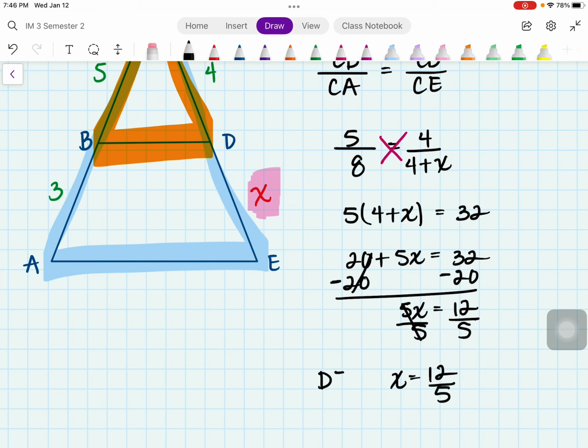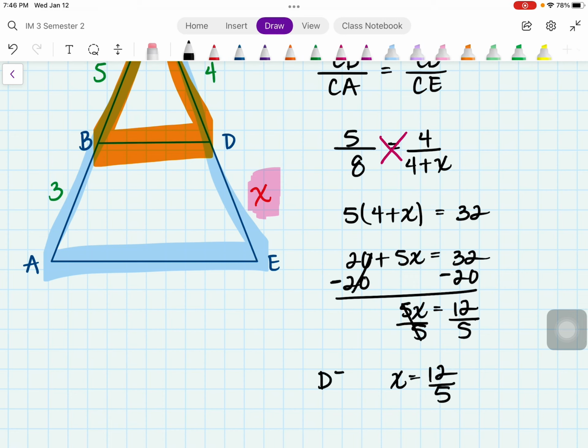Or in this case, DE equals 12 over 5. And that would be our answer. All right. So once again, that's us solving for a missing side. And let's go ahead and take a look at this next one.